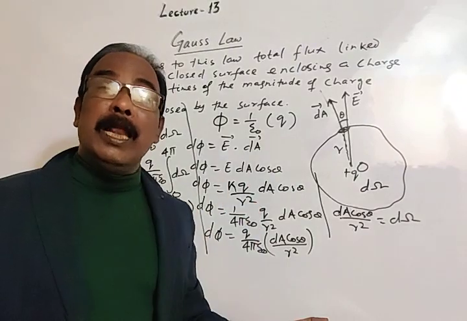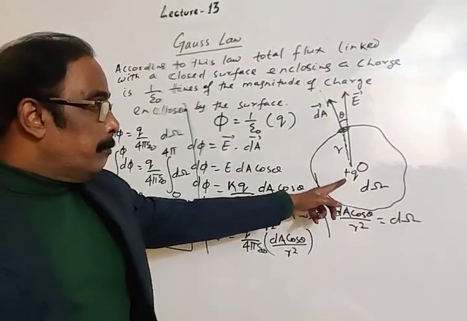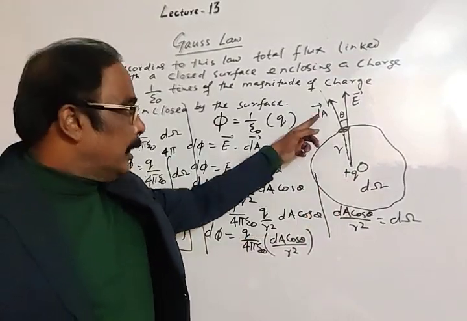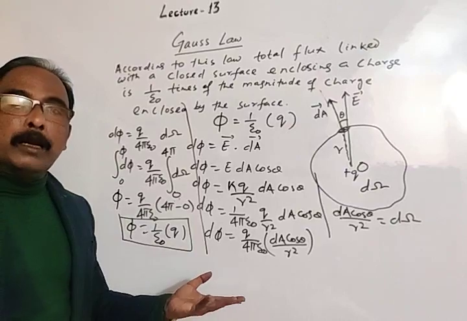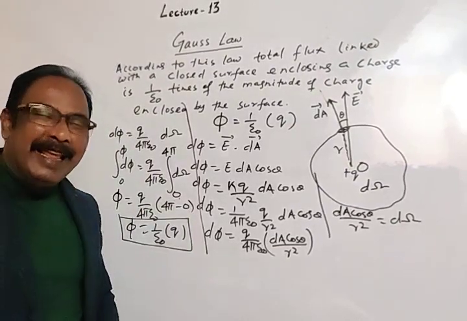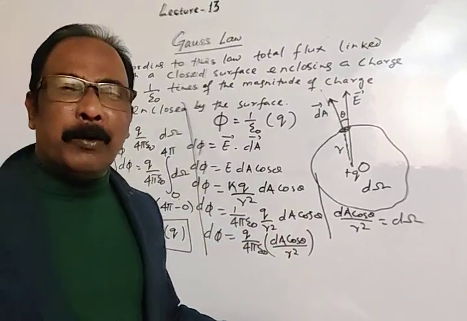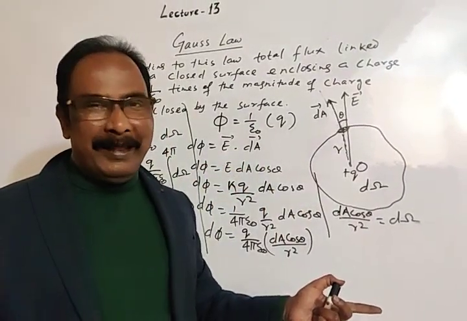If any imaginary surface encloses a charge of magnitude q, then as we have discussed, total flux linked with the surface is 1 by epsilon naught times the charge enclosed. Any imaginary surface enclosing a charge must be linked with electric flux.